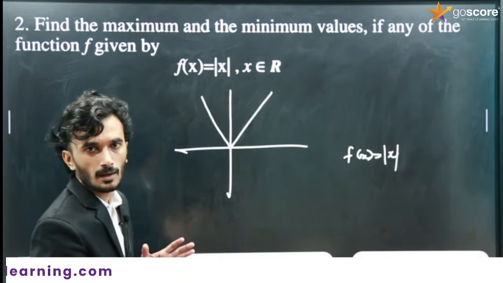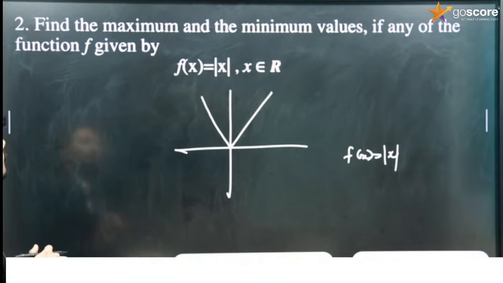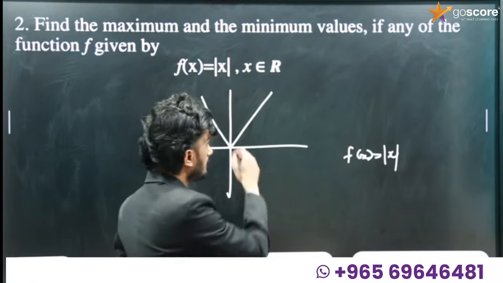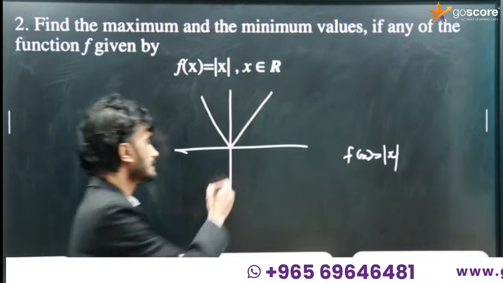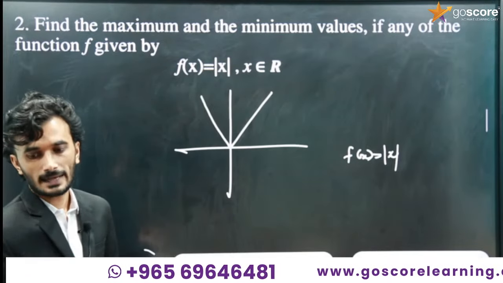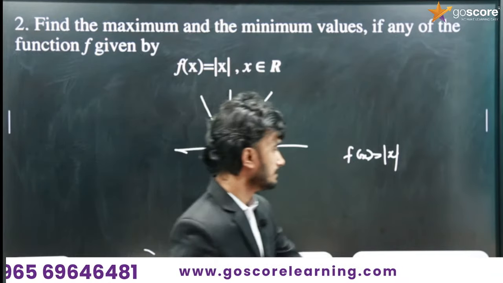Maximum value, there is no maximum value. Find the maximum and minimum value, if any, of the function given by f of x is equal to mod x. Okay, so the minimum value is 0 at this point. Maximum value, there is no maximum value.